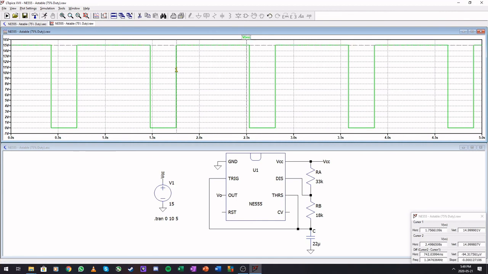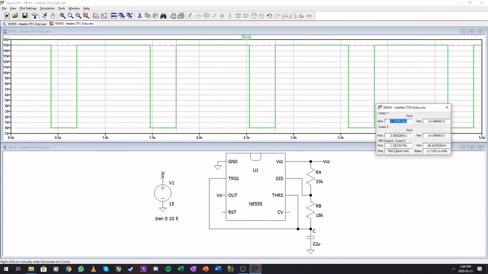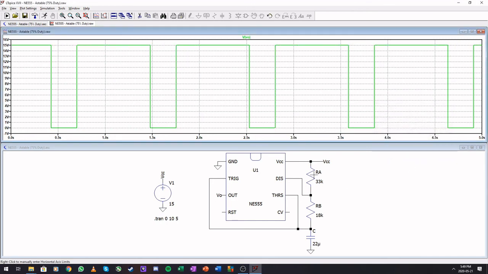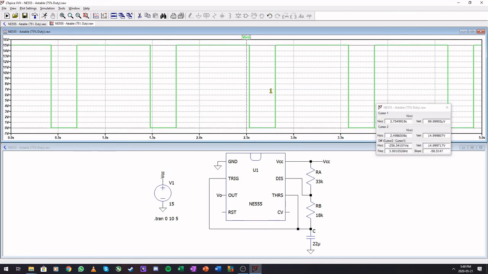So let's get our measuring out. And 1.052 seconds. We can also check our time spent low.